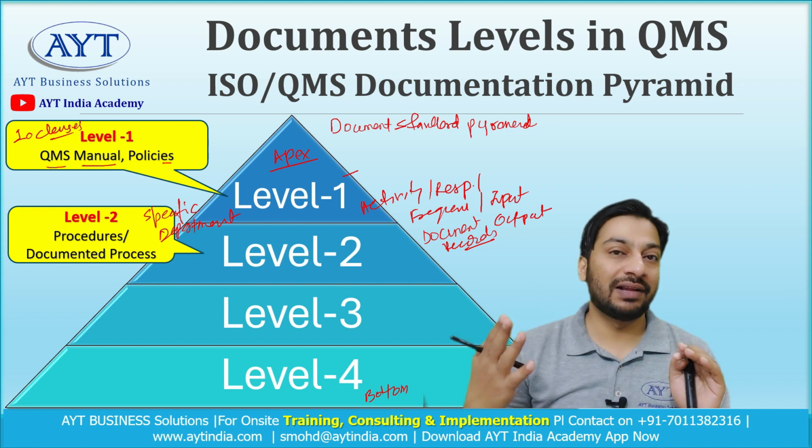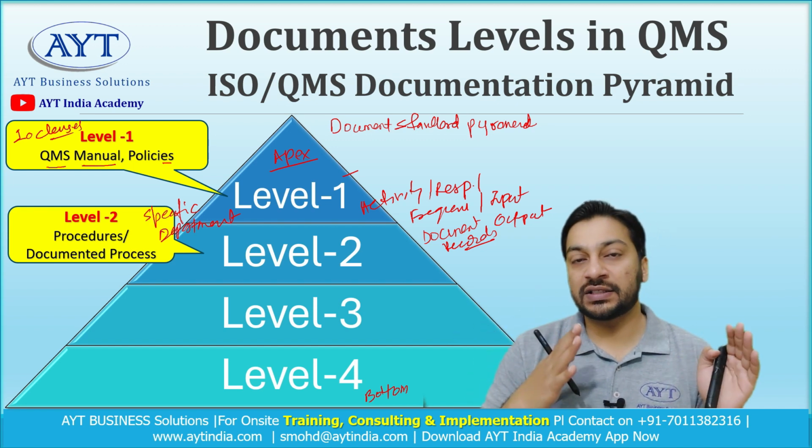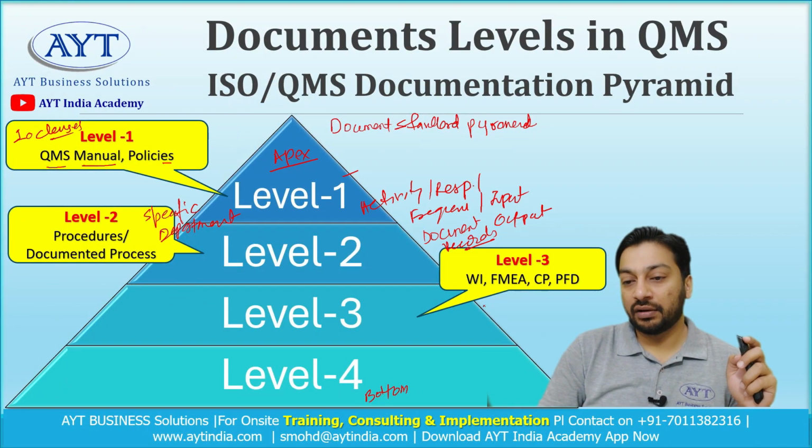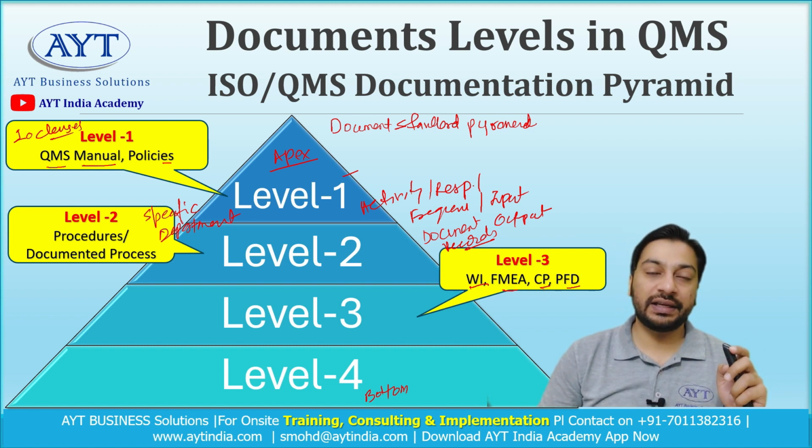Coming to level 2 as per the ISO standard, then our level 3 documents: work instructions, FMEA, control plan, PFD. This is information specific to a single operation.